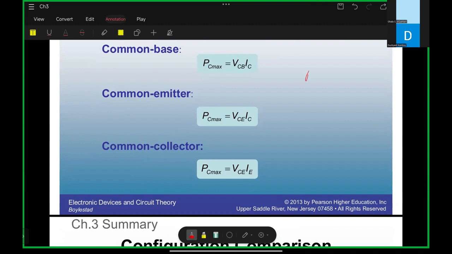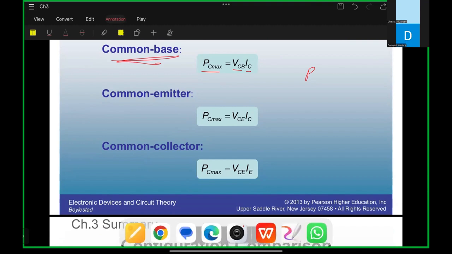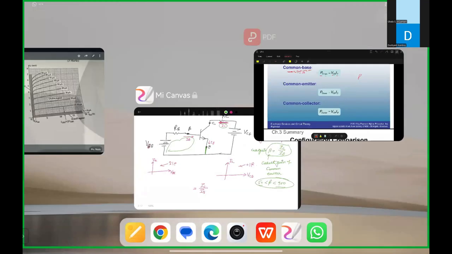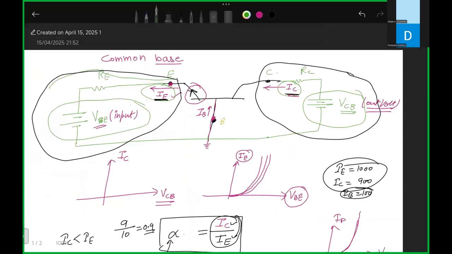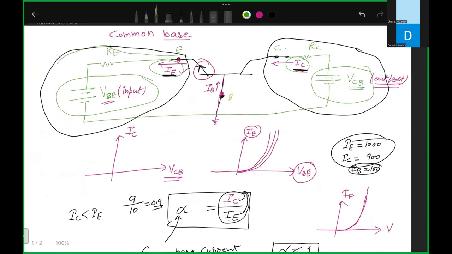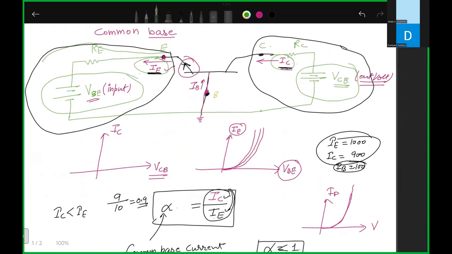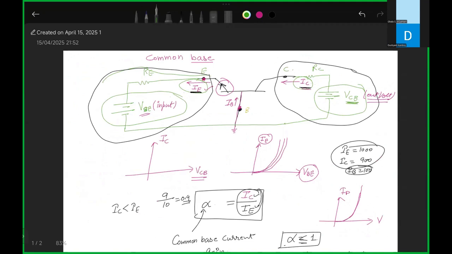One more thing: the power dissipated in each configuration. In the common base configuration, power means the power at the output terminal. If you remember in the common base, what is the output side? VCB and IC.